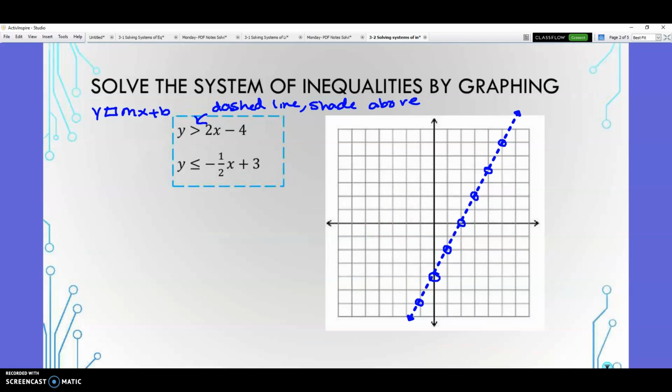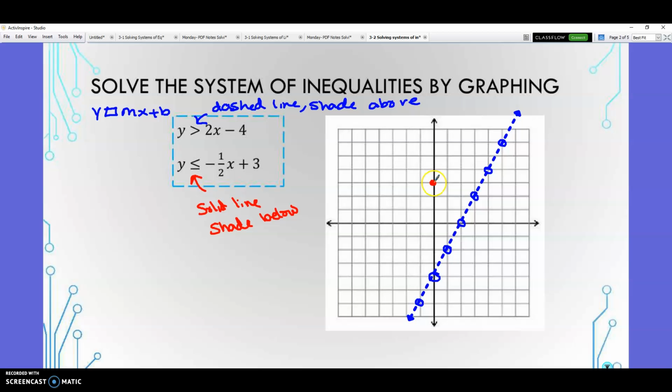The second one, I'll do in red, has a less than or equal to, so that is a solid line, shaded below. Since this is solid, all my points would be closed circles. So right here, point at 3: 1, 2, 3.